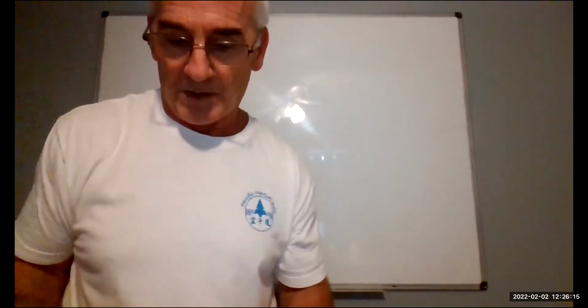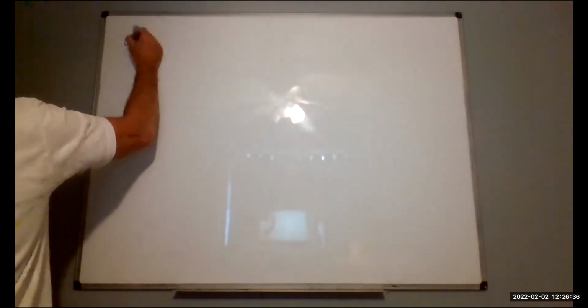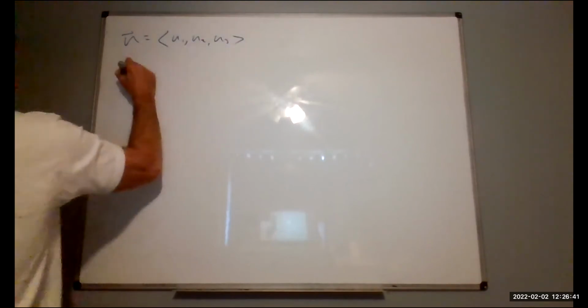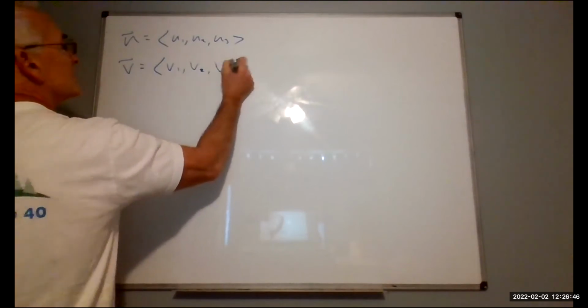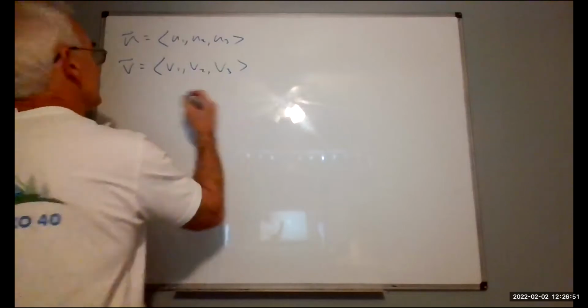So, let me see if I can find it here. Hang on one second. I lost a page there. Okay. Essentially, I'm going back to vector u and vector v, and here's what I'm interested in.